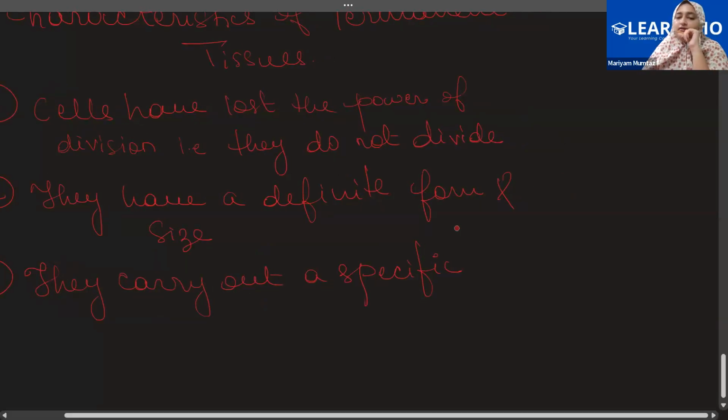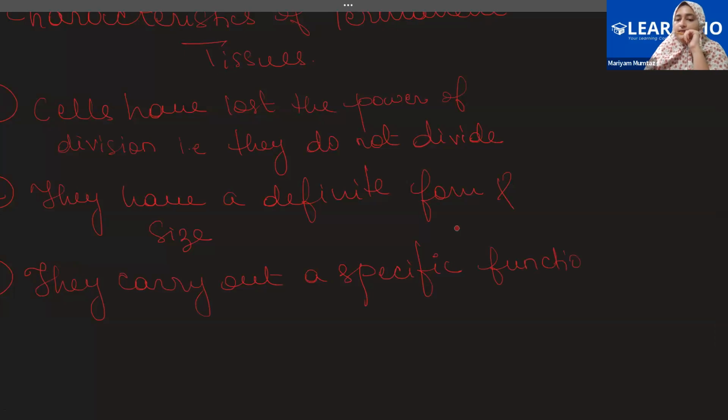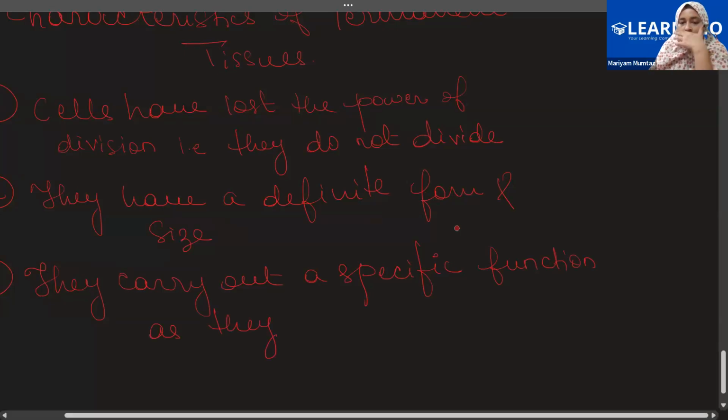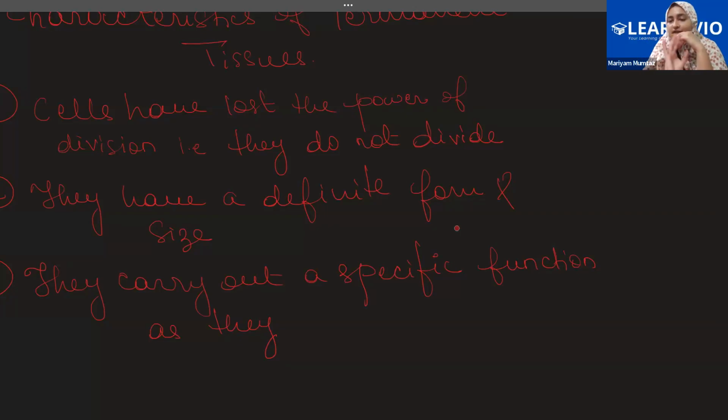Now, why do they carry out a specific function, students? What may be the reason? Every single permanent tissue has its own functions to perform. Why? Because they don't divide, because they have gotten differentiated.